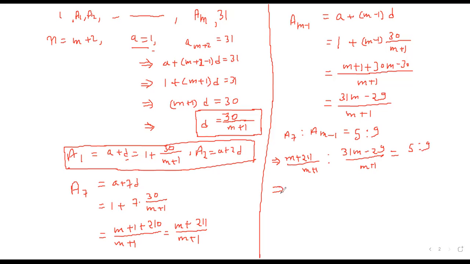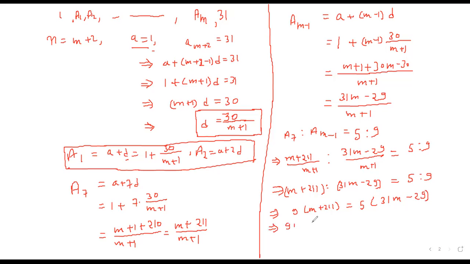So denominators will be cancelled out. So it is m plus 211 is to 31m minus 29 equals 5:9. Product of extremes, 9 into m plus 211, equals product of means, 5 into 31m minus 29.